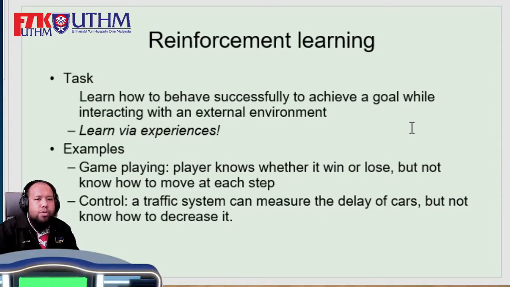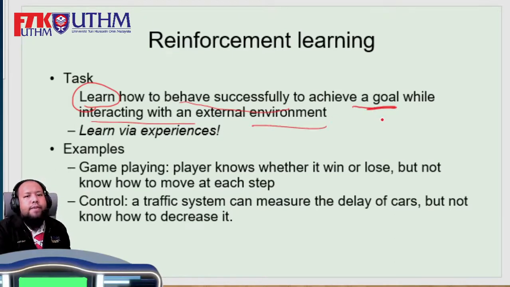Okay, now we go to reinforcement learning, right? So in reinforcement learning, basically apa yang kita nak our intelligent agent able to achieve is to learn how to behave successfully to achieve a goal while interacting with the environment kan. So basically our AI before this, kita just pilih what is the best decision kan.